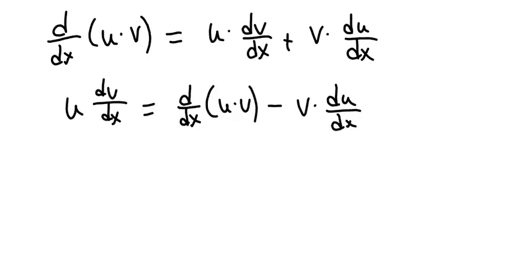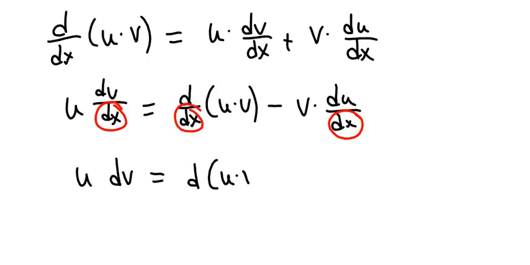Yes? Now, back to Calc 1. You treated these as differentials at some point. And so what I'd like to do is multiply through by the differential dx. That's going to give me u times dv is some derivative of uv minus v times some differential du.